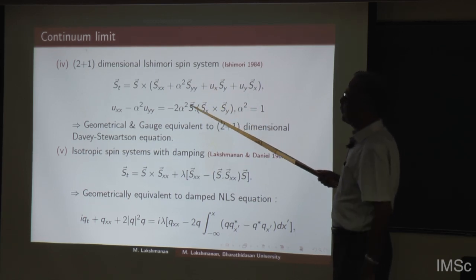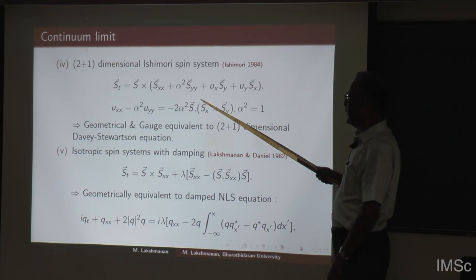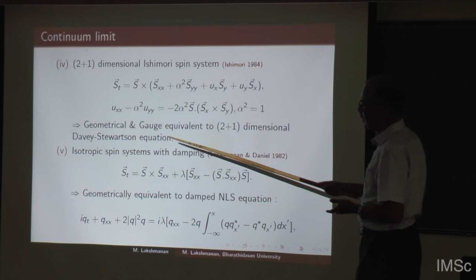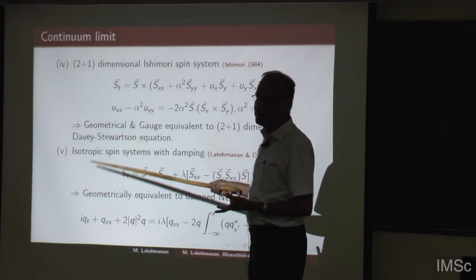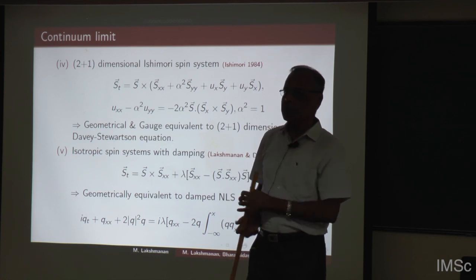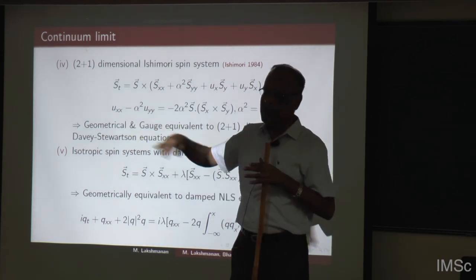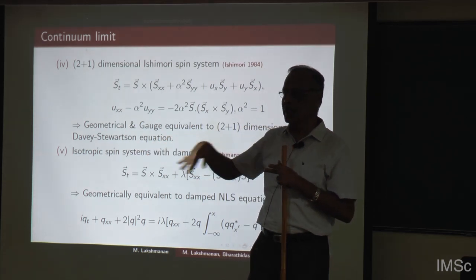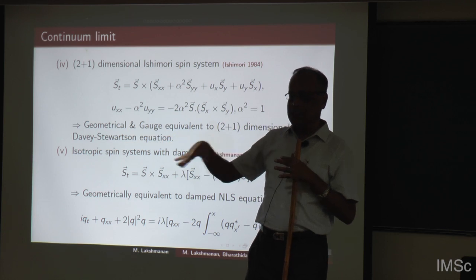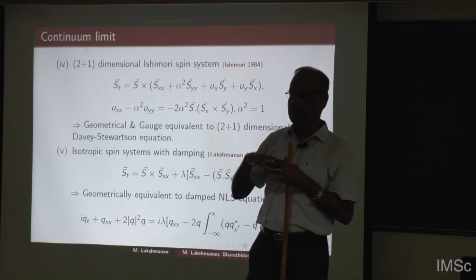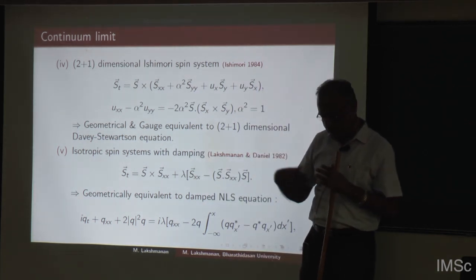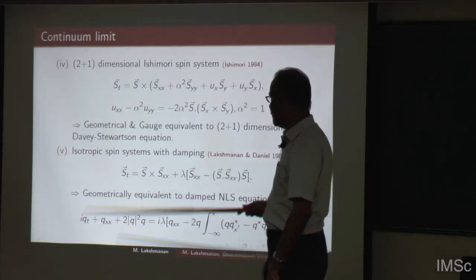There are ways of proving how the integrability arises. But it is also geometrically and gauge equivalent to the 2 plus 1 dimensional so-called Davey-Stewartson equation, which is an extension of the nonlinear Schrodinger equation. So just like a space curve moving and its evolution you consider for 1 dimension, you can also consider a surface moving, and you can consider the underlying surface equations, the so-called Gauss-Weingarten equation and its compatibility condition, etc. Then you can get this equation.